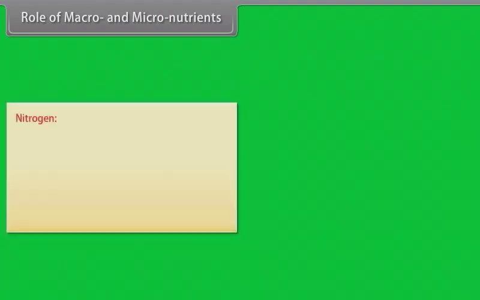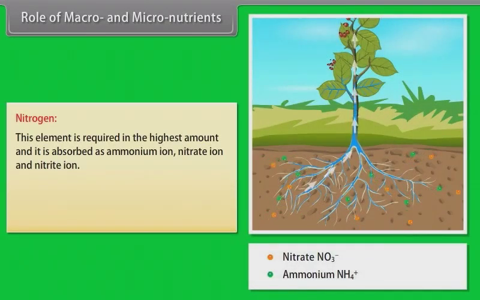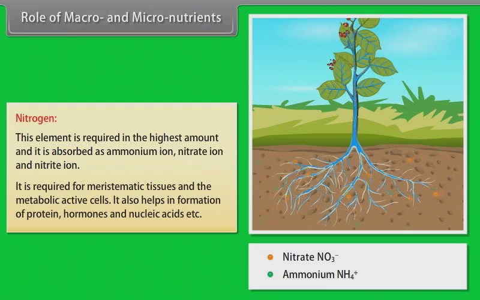Role of macro and micronutrients. Nitrogen. This element is required in the highest amount and it is absorbed as ammonium ion, nitrate ion and nitrite ion. It is required for meristematic tissues and the metabolically active cells. It also helps in formation of proteins, hormones and nucleic acids.